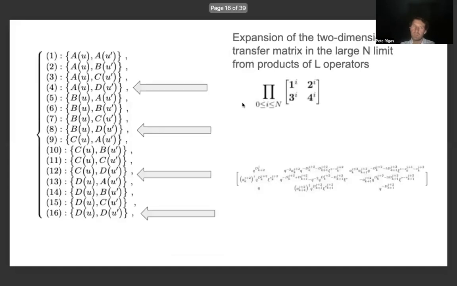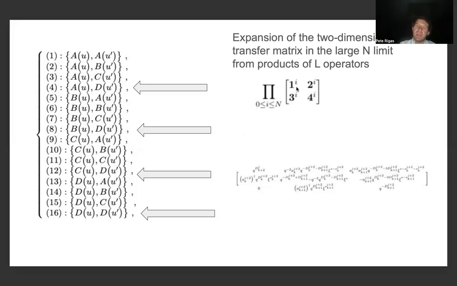In 2 dimensions, the expansion of the 2-dimensional transfer matrix in the large N limit was obtained as a product of L operators. This was the notation established for demonstrating that the inhomogeneous Hamiltonian flow for the 6-vertex model is integrable, in which you look at a product of 2x2 matrices from the L operator.